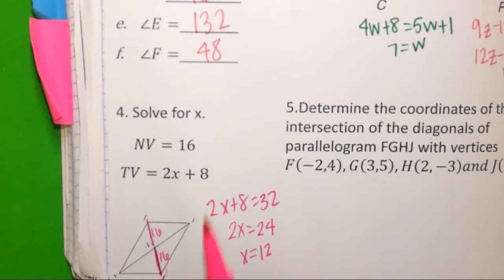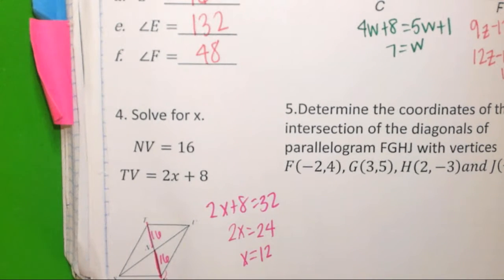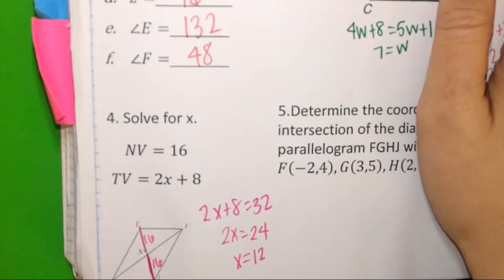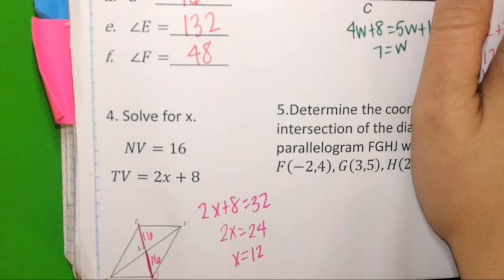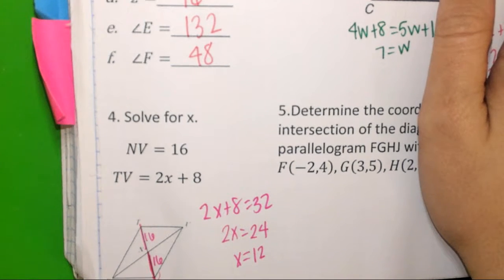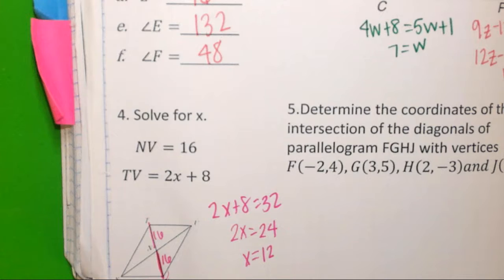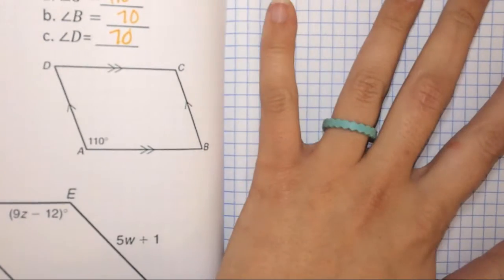Did y'all get x equals 12? Yeah. Woo! Alright, let's look at number 5. What do you think we should do first with number 5? We should graph it, right? Yes. And isn't our notebook on graph paper? Isn't that handy? We're gonna do that on the next page. That's why we left it blank.